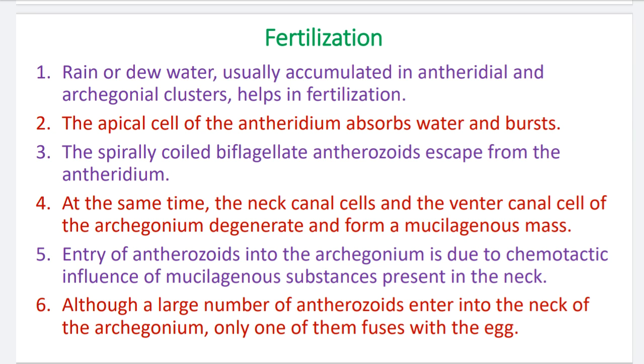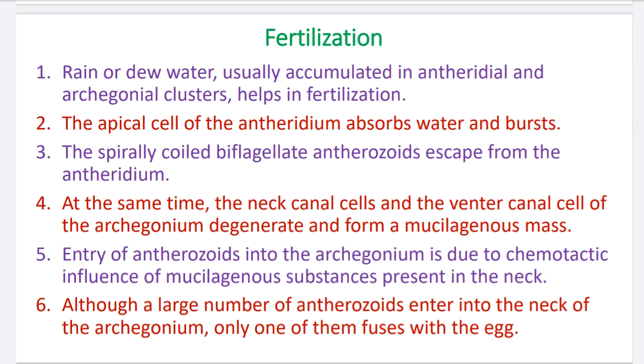Number 4. At the same time, the neck canal cells and venter canal cells of the archegonium degenerate and form a mucilaginous mass. At the same time, what happens in the archegonium? The neck canal cells and the venter canal cell degenerate and mucilaginous substance is formed.